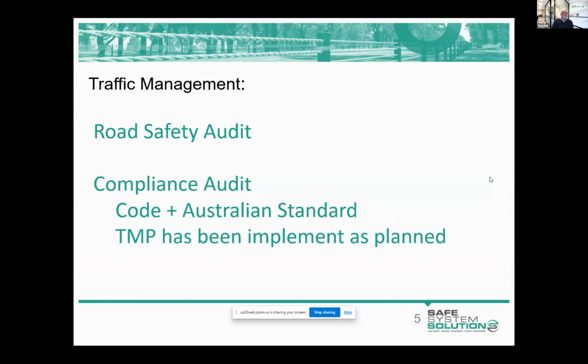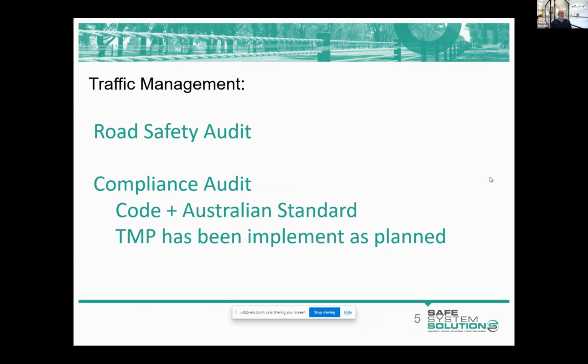And as mentioned, road safety audit is not a compliance audit. Yes, we need to make sure that the codes and the Australian standards and the Austroads guides are reference documents. They're the rules that we've got to follow, but they're not going to give you every scenario that is going to be put in front of you. That's the guidance.